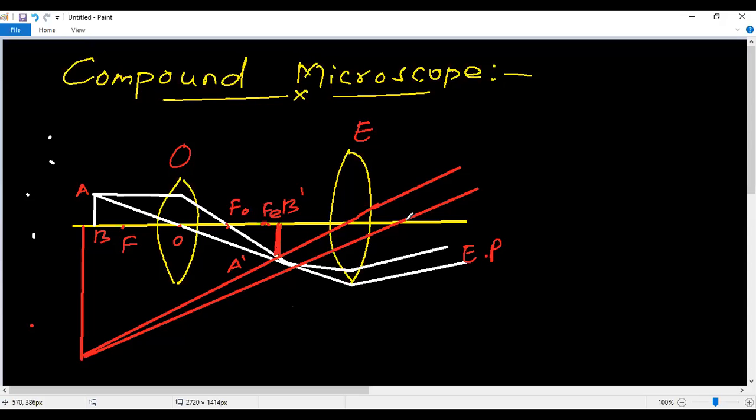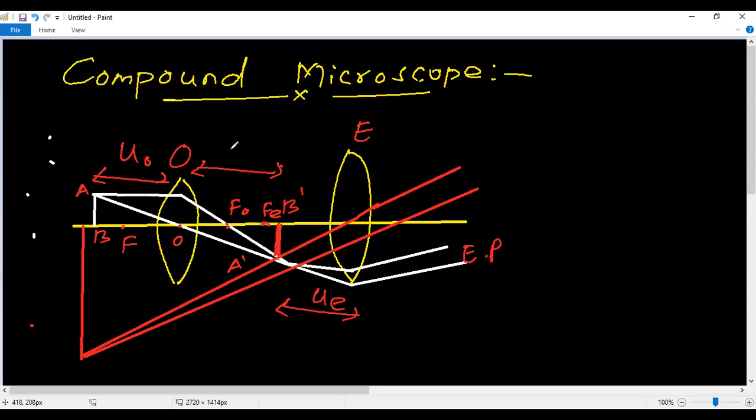For the eyepiece lens, this is the object, no? So we measure UE. This is UO, the objective lens object distance, up to the image, no?